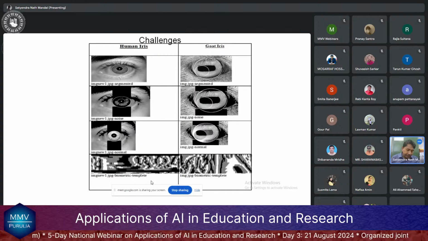Now, next problem. Our eye is a circular structure, and in the goat the pupil is rectangular. No one has any idea what the structure of the eyes is. So all experiments and all algorithms developed for human identification cannot be used for animals. So what was the problem?